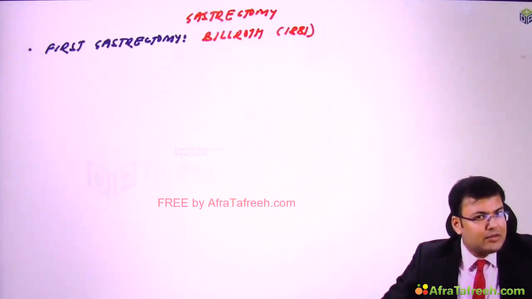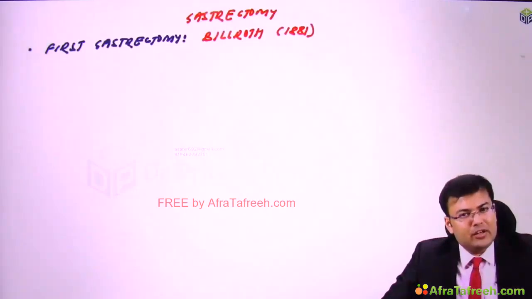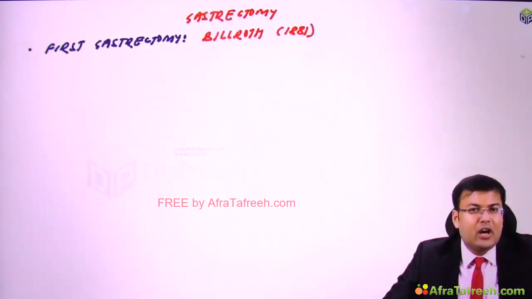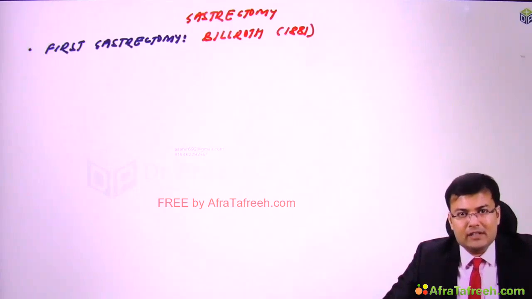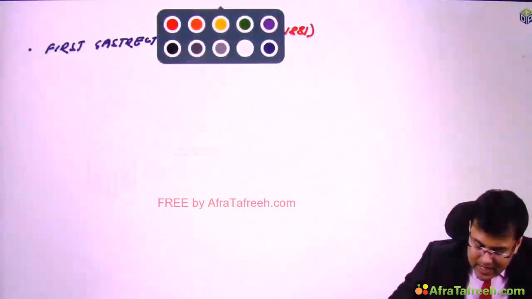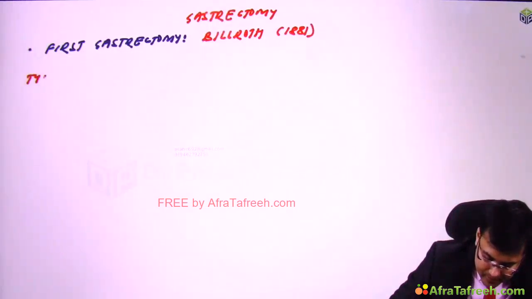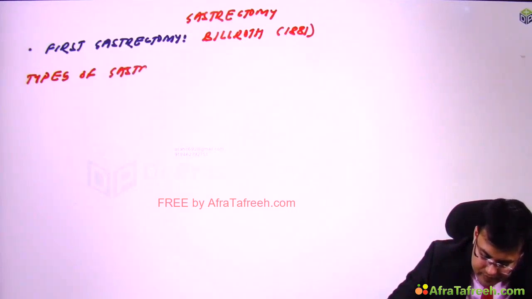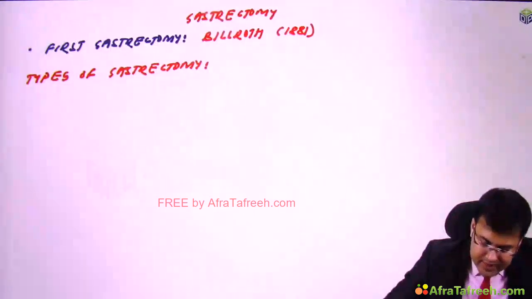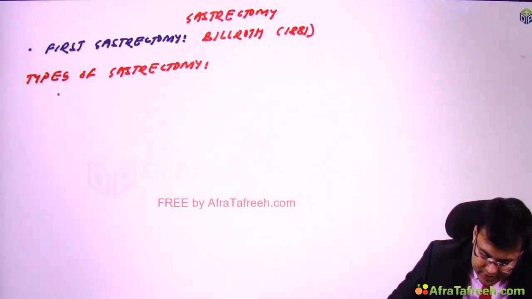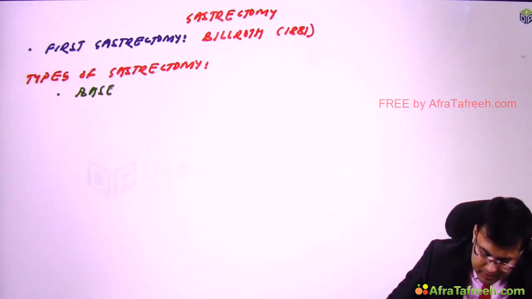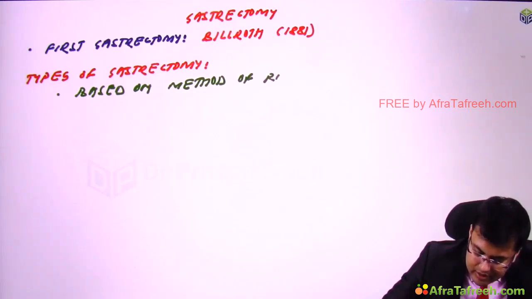After that there are two types of gastrectomy, based on the method of reconstruction and based on the amount of stomach removed. So see the types of gastrectomy. First, based on the method of reconstruction.